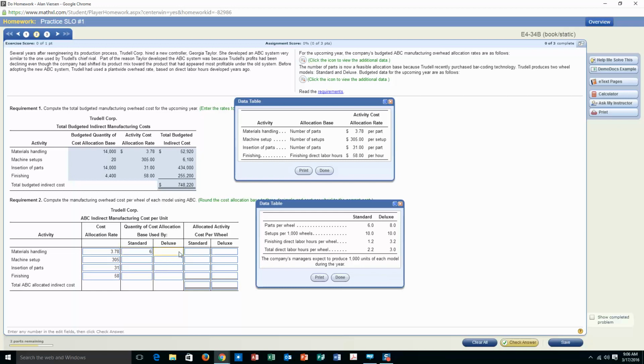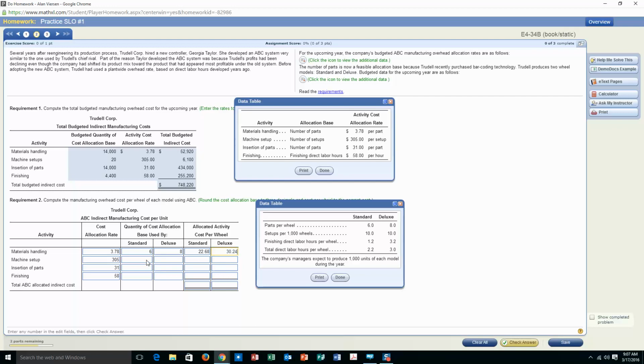The number for deluxe is 8. Looking at my table over here, 6 parts per wheel, 8 parts for the deluxe, and I multiply the number of parts times the allocation rate, and I get $30.24 for deluxe, $22.68 for standard.